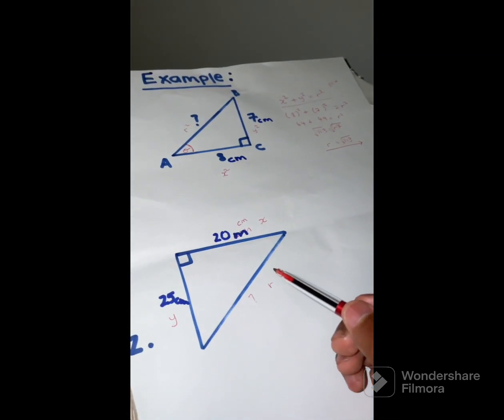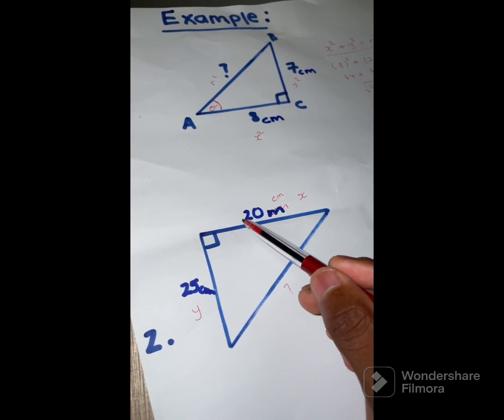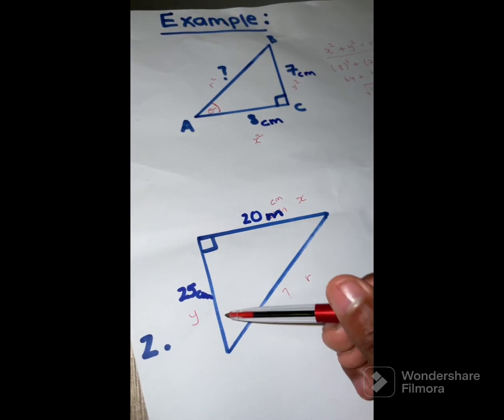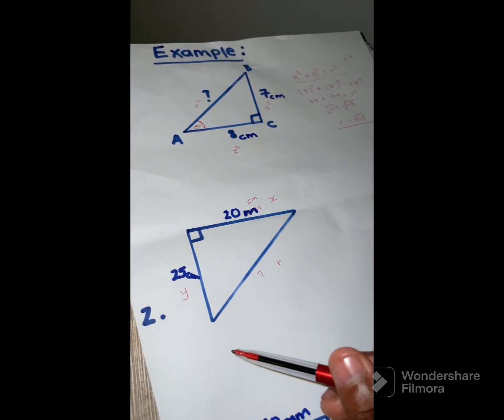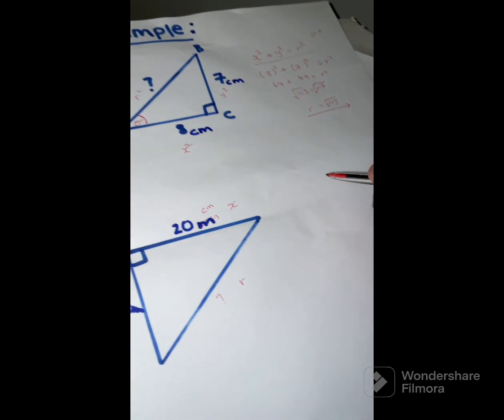For this example, they've given us our adjacent side and our opposite side, and they're asking us to look for the hypotenuse side. So the standard formula says x squared plus y squared is equal to r squared.